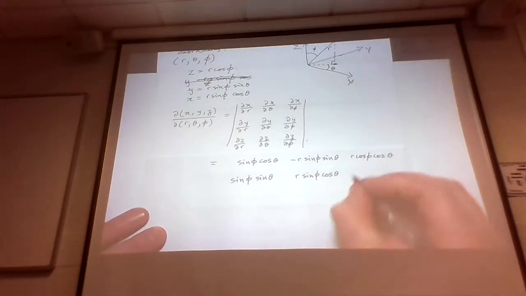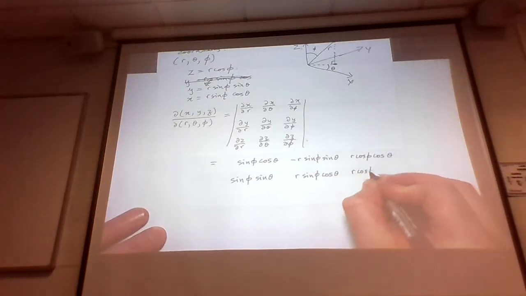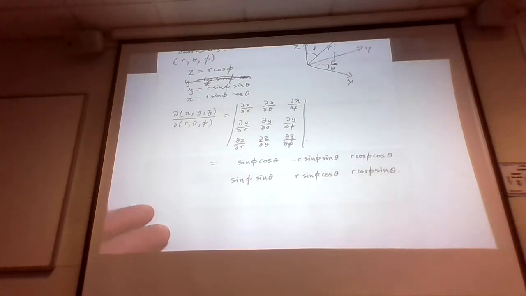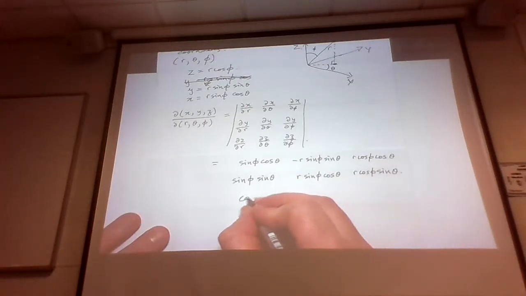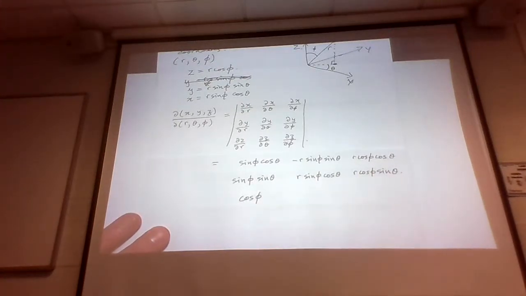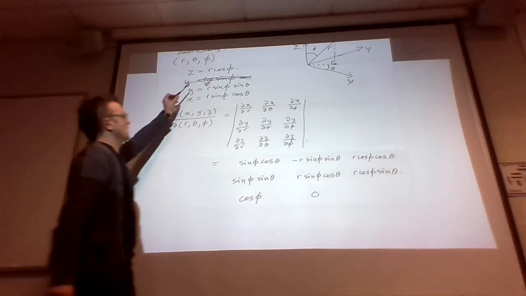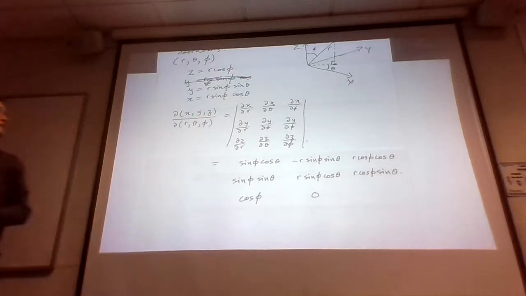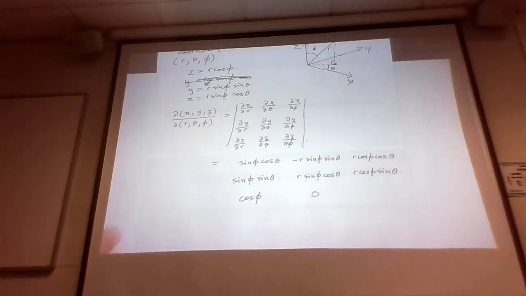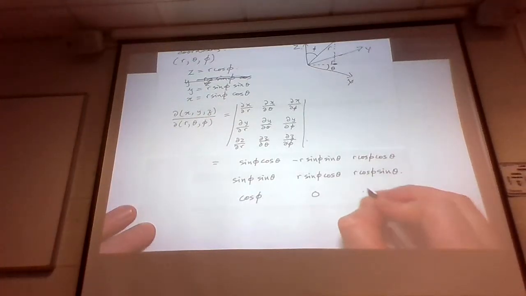And dy d phi is r cosine phi sine theta. For the z variable, dz dr is cosine phi. dz d theta is 0 because there aren't any thetas in z. And dz d phi is minus r sine phi.